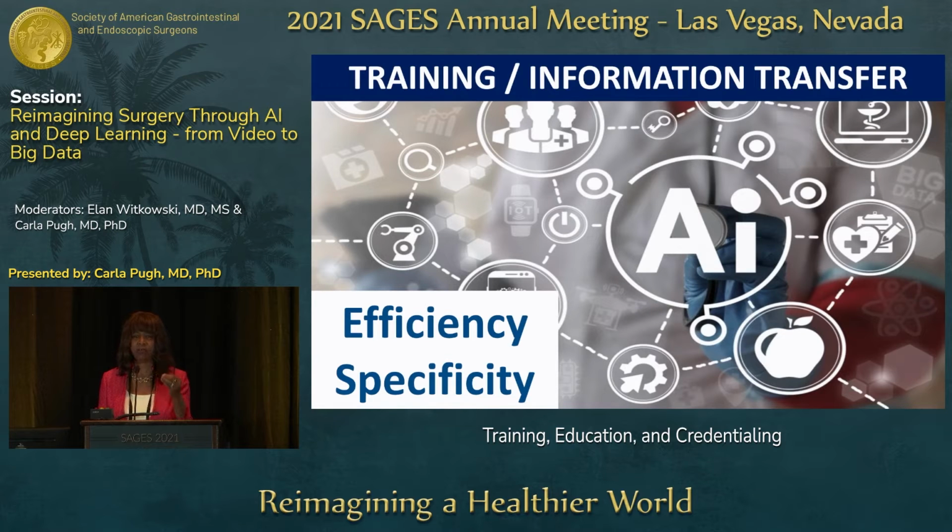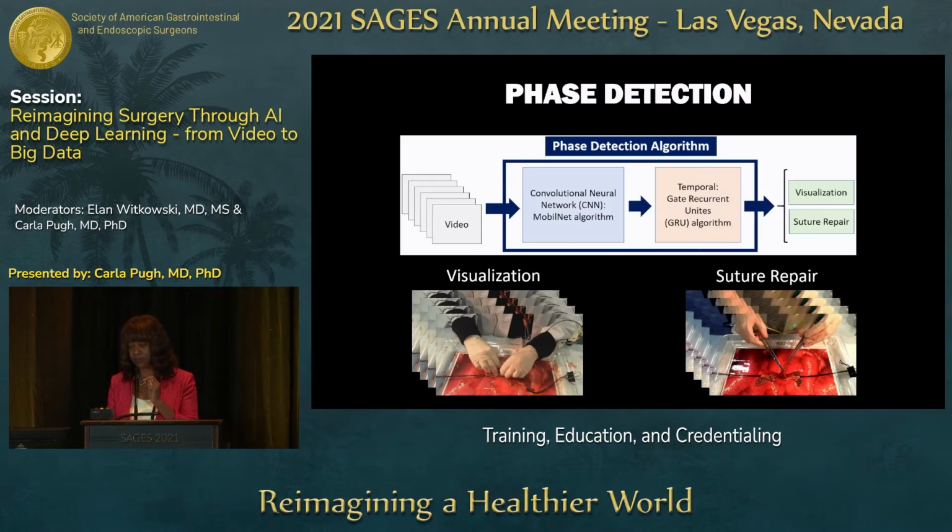How many of you have spent time on the internet looking for something you want to get, like a specific use of an instrument, or how someone's recovered from an error or some problem with something, and it's so difficult to find. So efficiency and specificity, and I think that AI can help us because it's forcing us to annotate, forcing us to build metadata, and I'll share a few examples.